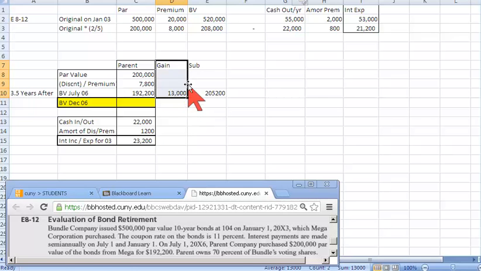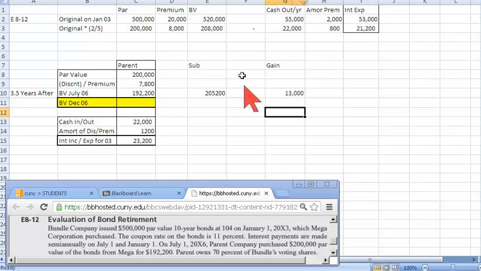Actually, I'm going to move this gain over here. Now we can see if we can answer the question. The question says make the elimination entries on December of 06.